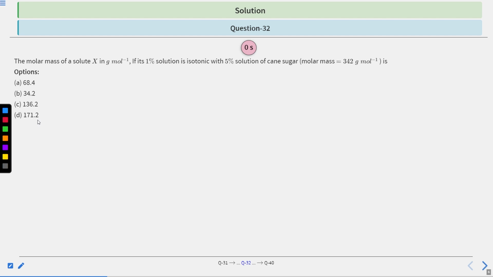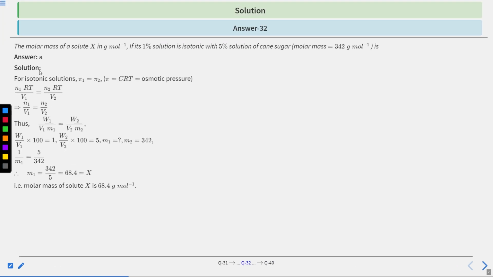Okay, so the correct answer is option A. For isotonic solutions, π1 equals π2, where π is the osmotic pressure and π equals CRT. So for solute X, π is equal to the osmotic pressure of cane sugar.